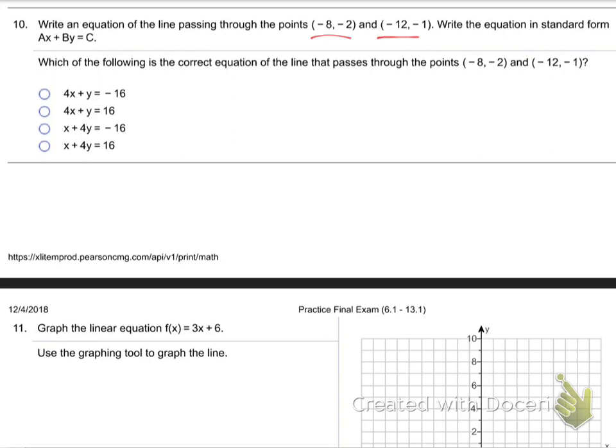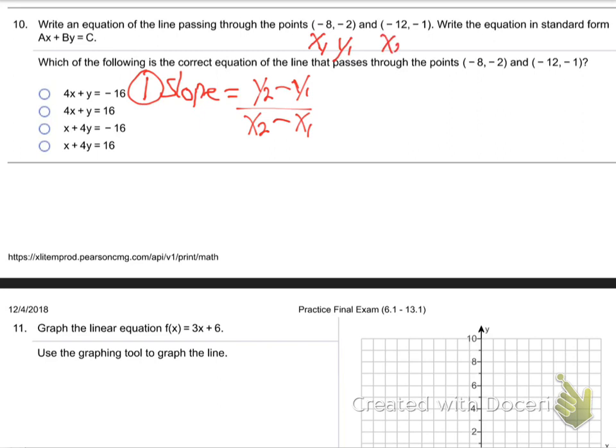Okay, so number 10 here. They're giving me these 2 points, and they want me to write the equation. Well, writing the equation, step 1, you've got to get the slope. Slope is y2 minus y1 over x2 minus x1. What do we mean by all that? We mean this is x1, y1, x2, y2.